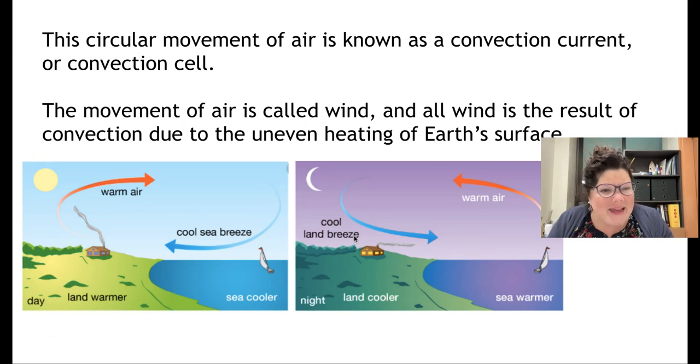At night, we have the reverse because now the land is much colder than the ocean. So the ocean is warmer, the air is warmer, so that warm air is going to move up, move on over, cool down, drop, and then move back out to the ocean. So we're going to feel a breeze going from the land to the ocean at night, all because of convection currents.